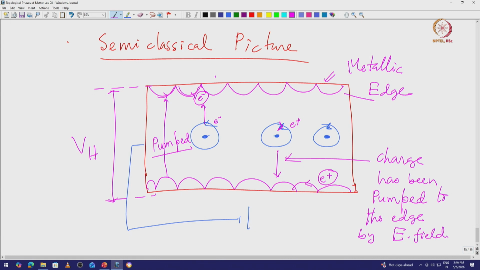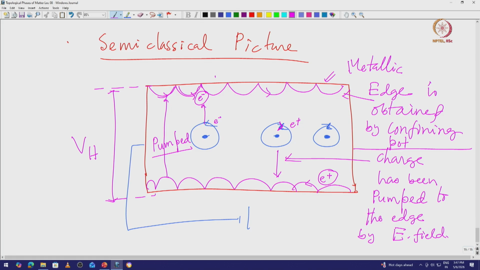But then those accumulated charges are now moving on the edge, and the metallic edge is obtained by a confining potential.